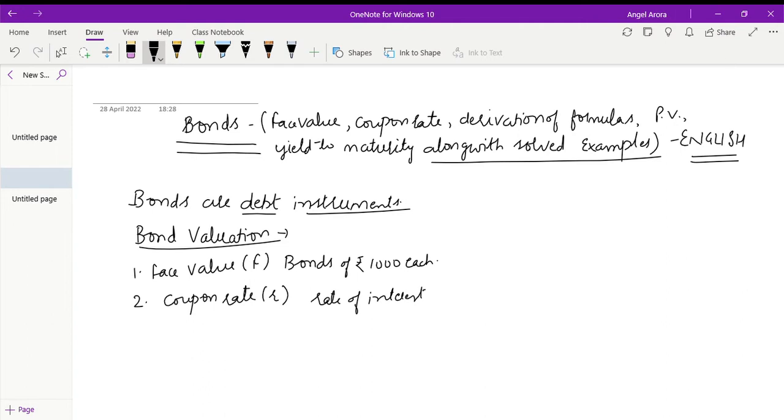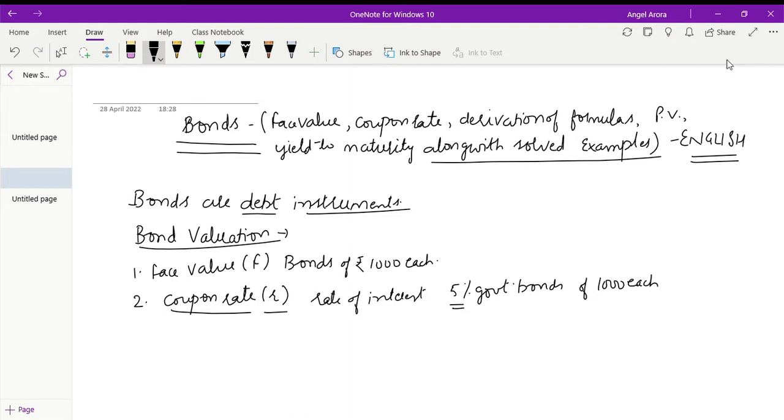This amount of interest is to be paid to the bond holder, and this rate of interest is called coupon rate. For example, a 5% government bond of rupees 1000 each. So 5% is the coupon rate here.